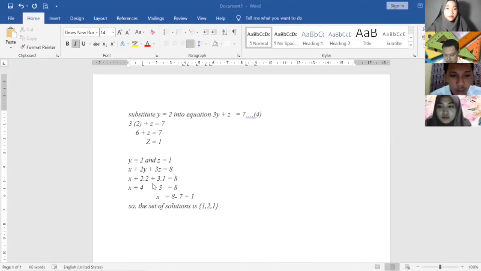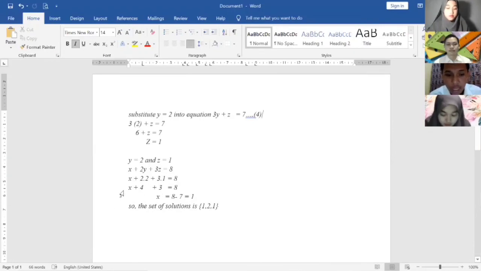Next, y equals 2 and z equals 1. So I substitute into the equation x plus 2y plus 3z equals 8. So x plus 2 times 2 plus 3 times 1 equals 8. 2 times 2 equals 4 and 3 times 1 equals 3.